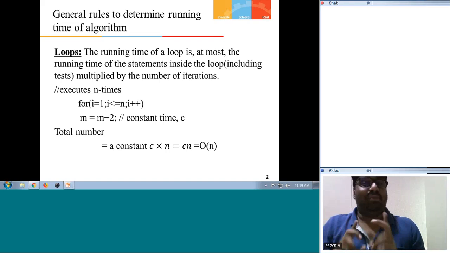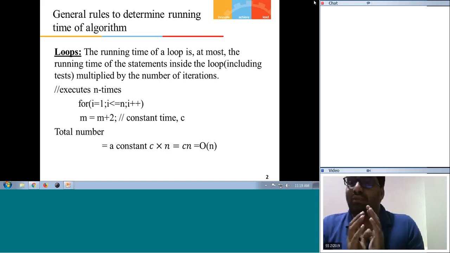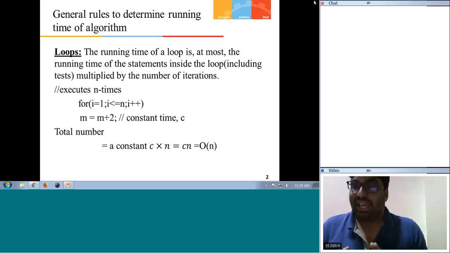And remember one thing. We are talking with respect to time complexity only, with respect to the worst case. Worst case is the case where I give the largest possible input, and in that scenario only I'm talking.